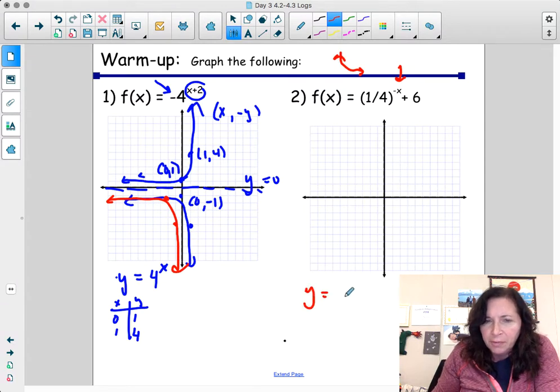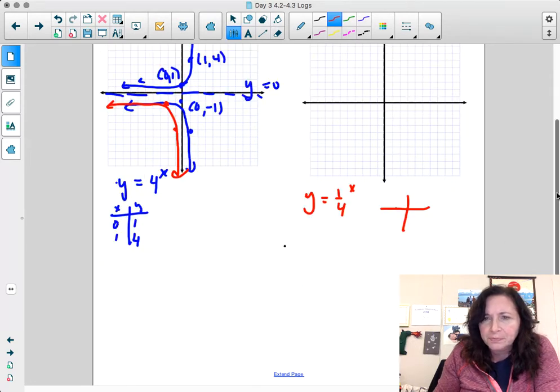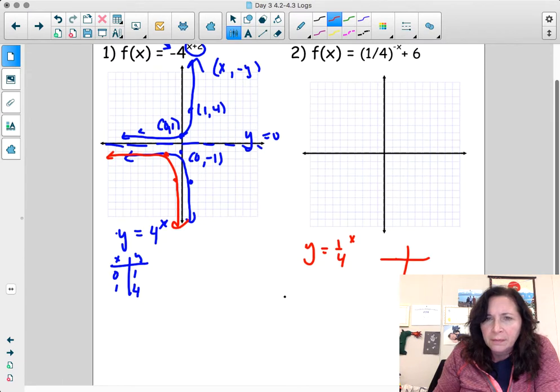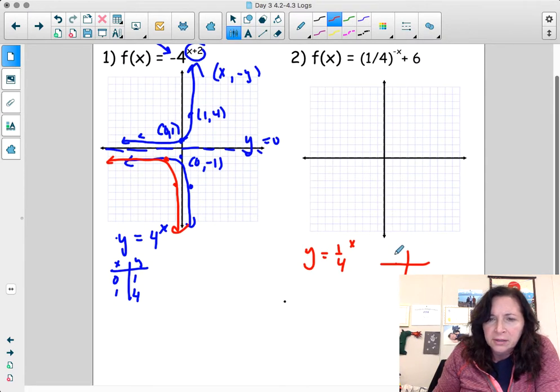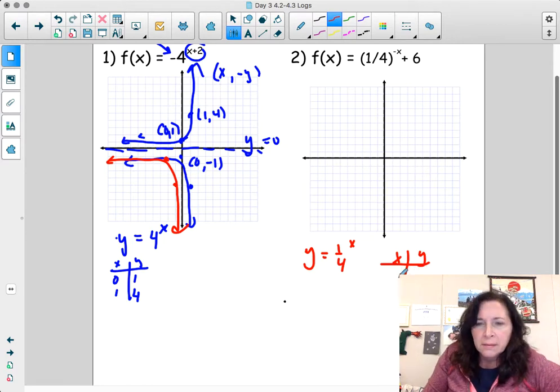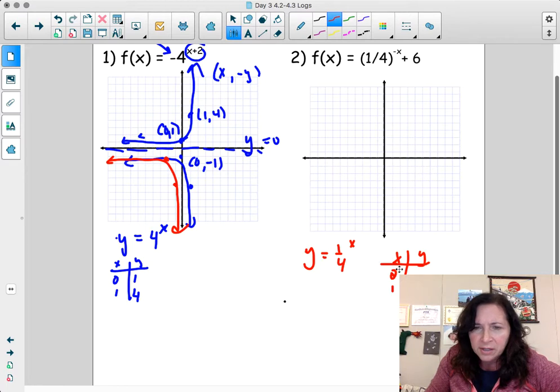We're going to start off with the parent graph of 1/4 to the x power, and I'm going to plot 2 points, 0 and 1 for x. So we plug in 1/4 to the 0 power, which is 1. And when I plug in 1, I get 1/4 to the 1 power, which is 1/4. So 0, 1, and over 1, 1/4.